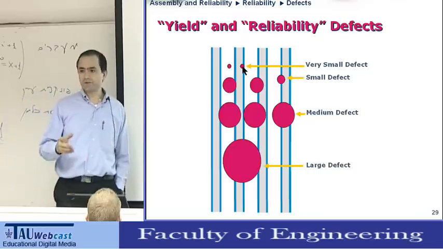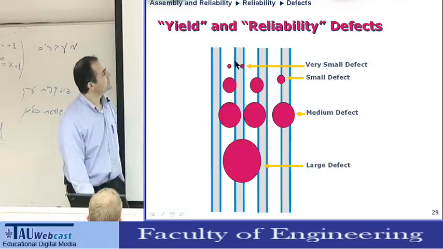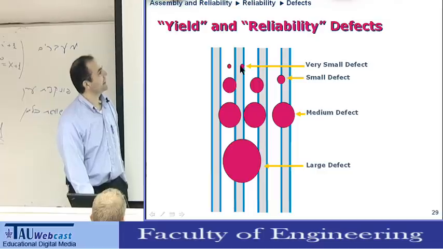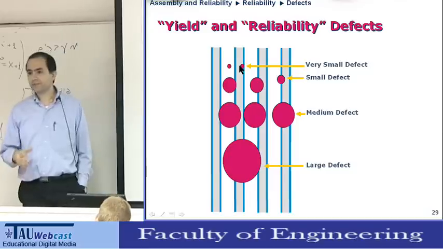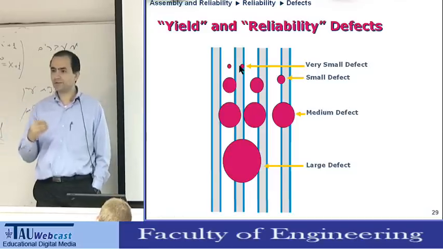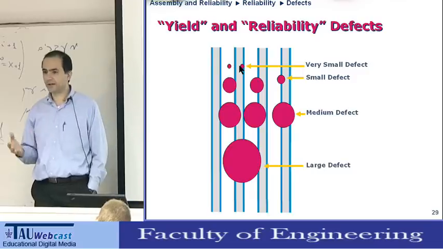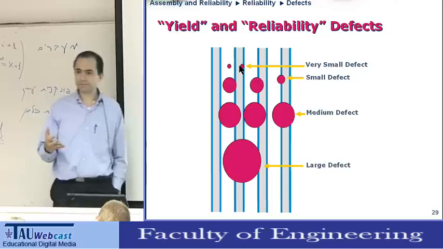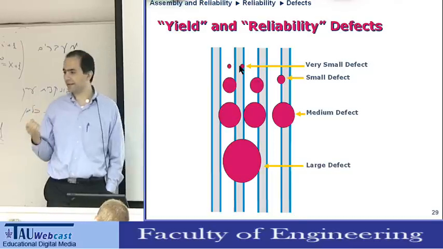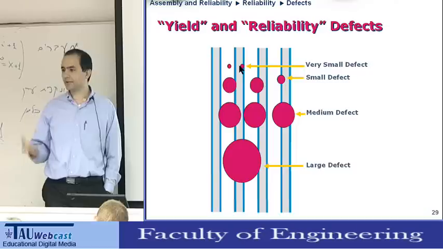So, if it's a conductor, no. If it's an insulator, it consumes part of the metal line, so more current will flow through this part. But let's assume the part is well designed, so it can carry 30% more current without any significant problems. So if the particles are small enough, they will not be a yield problem and not a reliability problem.